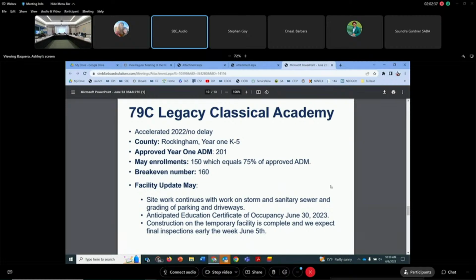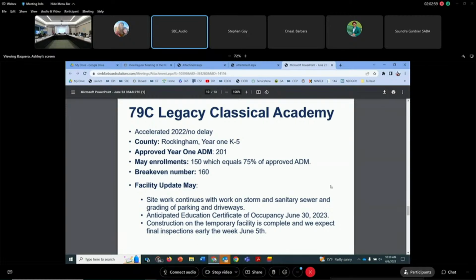Okay, so next we have our friends returning from Legacy Classical Academy in Rockingham County, and as of June 2nd, they reached their 75% enrollment with 150 students, could have gone up one by yesterday even.